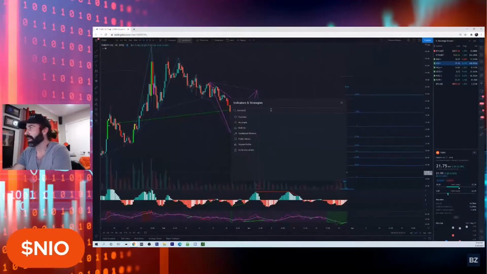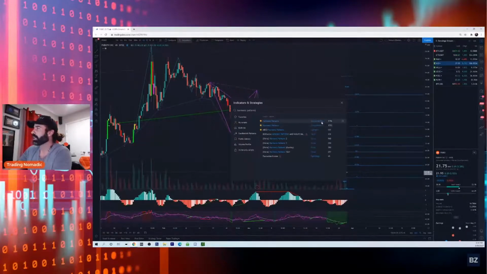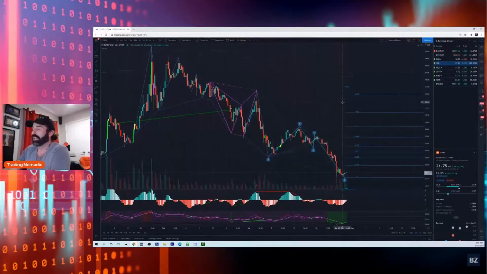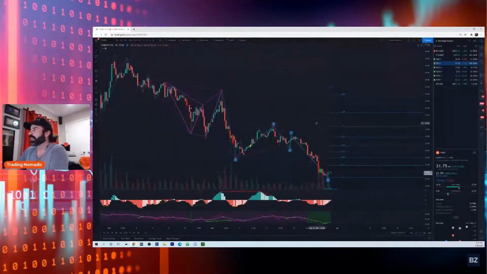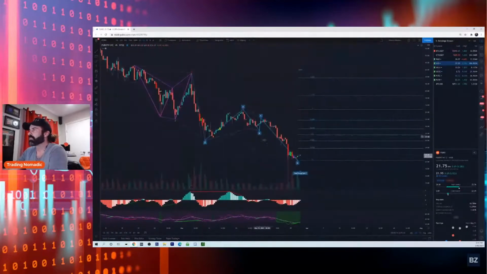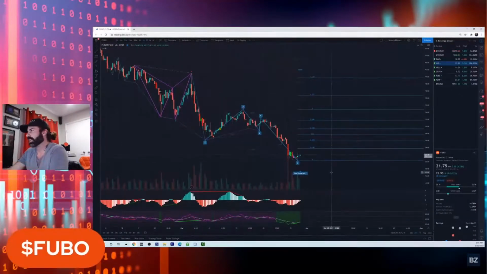Type in Harmonic Patterns, and this one right here, the writer of this script is Lonesome the something, but I like that one. That not only will identify some of these patterns, but it'll give you some targets too to look at.